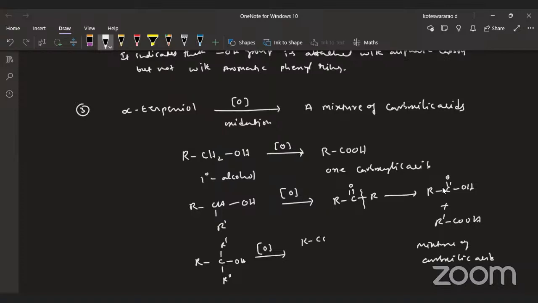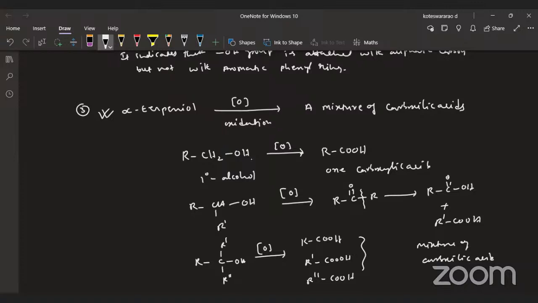Three carboxylic acids are generated; a mixture of three carboxylic acids is generated, right? Now from this reaction, alpha terpinol is subjected to an oxidation that leads to the formation of a mixture of carboxylic acids.